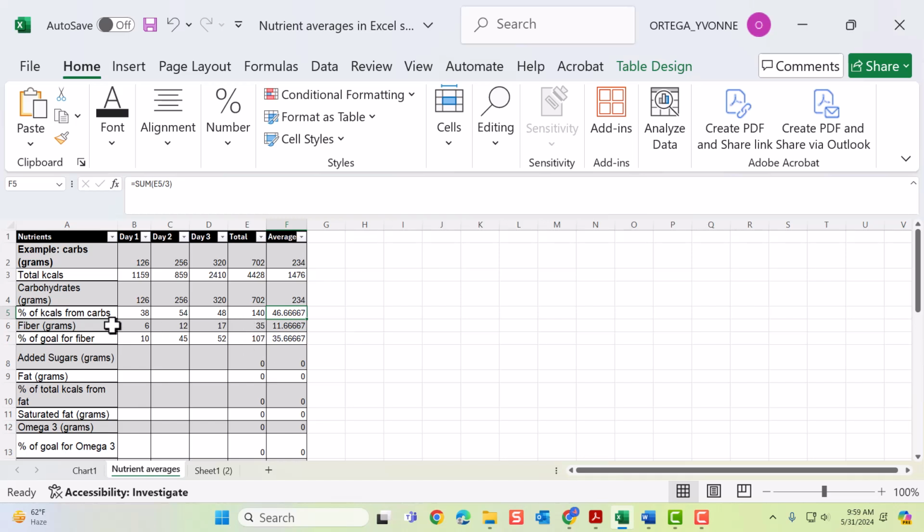So this is already done for you. Percent of calories from carbs, I asked for your average, and that's the final column. So you would use 46.7. I like to keep it to one decimal place. So 46.7, which would be your response. That means that 46.7% of your total calories came from carbs.